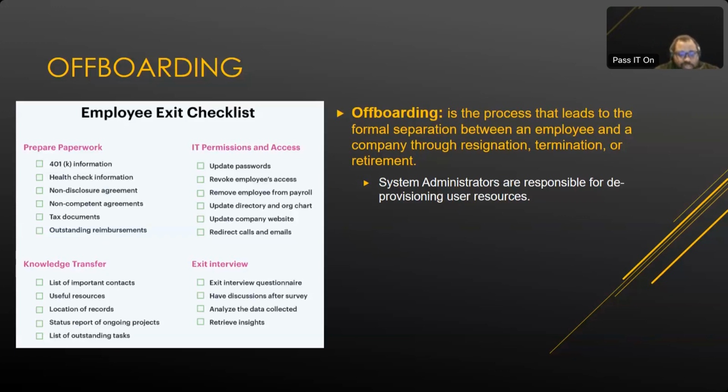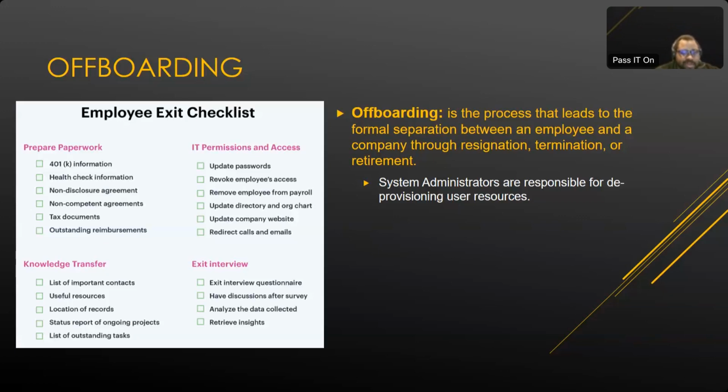We've got to make sure if they had shared passwords to some resource, those passwords get changed. We need to make sure that their user accounts get revoked or disabled. We need to make sure that they get removed from the payroll system, maybe, if that's something that we manage. Directories and org charts need to get updated. Company websites, changing call logs, or disabling phone numbers, or redirecting phone numbers.